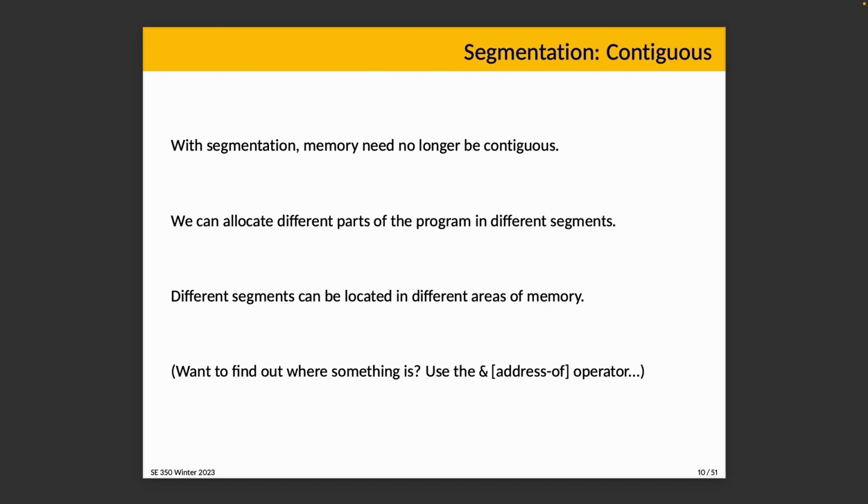That would work. We can allocate different parts of the program in different segments, and different segments can be located in different areas of memory. And if you want to find out where something is located in memory, then we can use the address of operator, and we'll actually see potentially some interesting stuff.